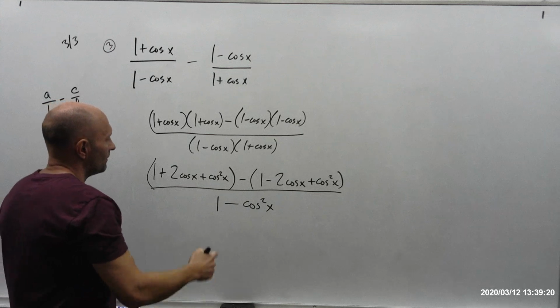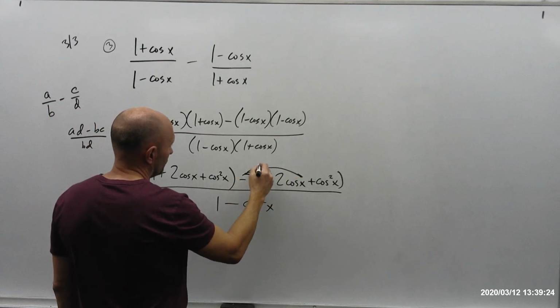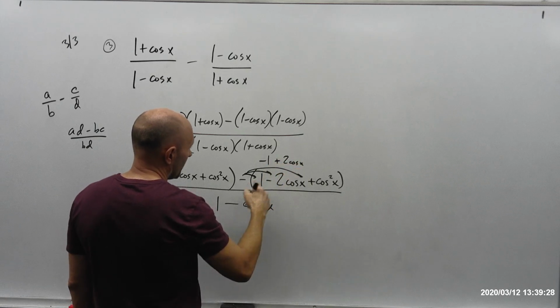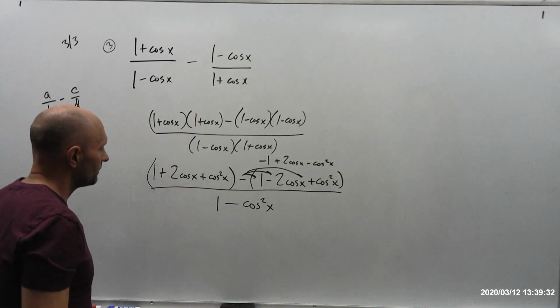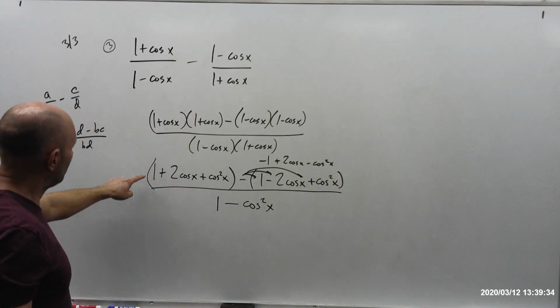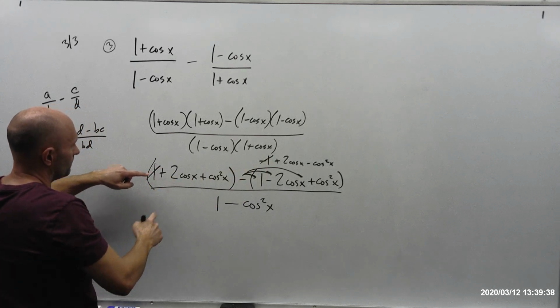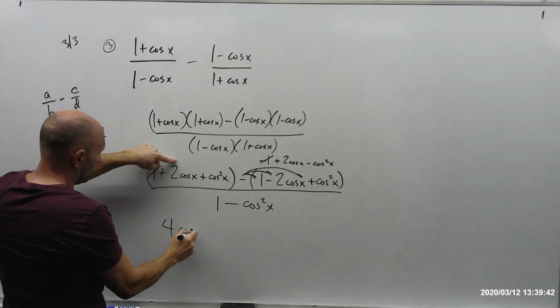Now, my suggestion, because of this minus sign, is to distribute it to this term. So we get minus 1 plus 2 cosine of x minus cosine squared of x in the numerator. Simplify: 1 minus 1 cancel out. 2 cosine plus 2 cosine is 4 cosine.